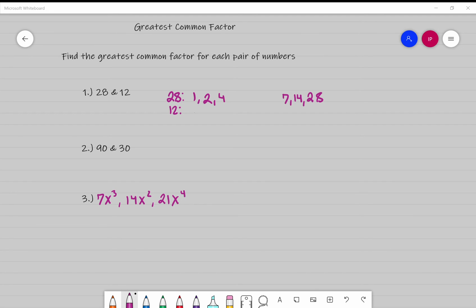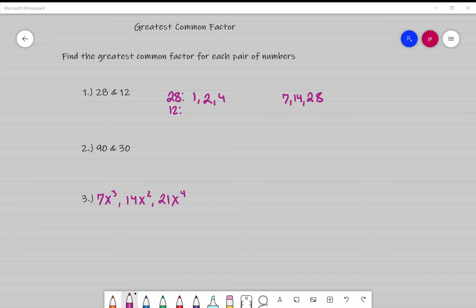Since, when we're going up the number line, we're getting to a number we already know goes into that number, we can pretty much stop there because we can't go any further. We know 8 can't. We know 9 can't. But just for practice purposes, I will show you that they do not go into 28. So 28 divided by 8, decimal. 28 divided by 9, decimal.